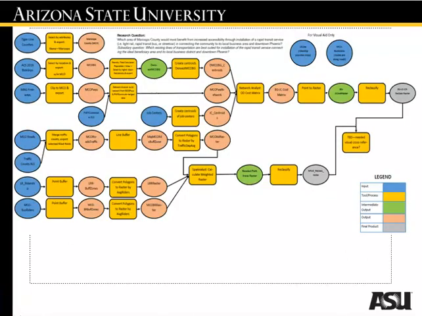So let's take a look at a few examples of flowcharts. This is an excellent example here. I know that it may be a little bit difficult to read everything in the little circles and squares, but what I want you to focus on is the organization and the use of the different colors and symbols to signify inputs, processes, and outputs.